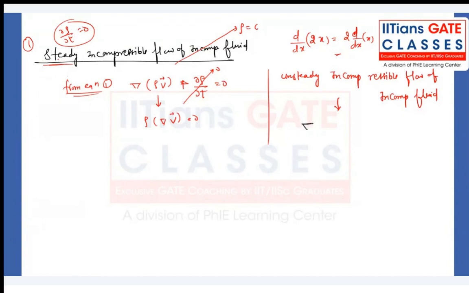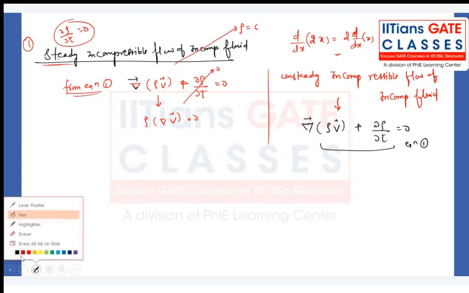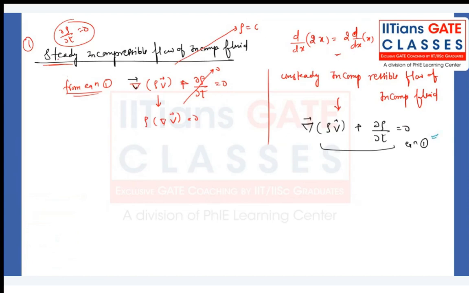Del dot rho v plus dou rho by dou t. Any doubt in this equation? Equation number one. Any doubt till now? Tell me, guys. In this equation number one, can we write this equation? Just check it out. Whether equation number one is correct or not, please check it out. Is it correct or incorrect?